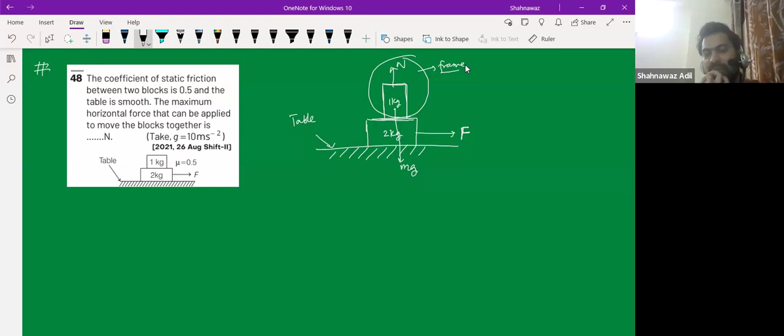This is just like the previous cases. This is kept on this thing and this is accelerating in this direction, which means that we will have a pseudo force in this direction.